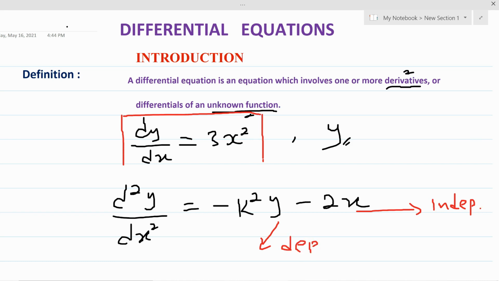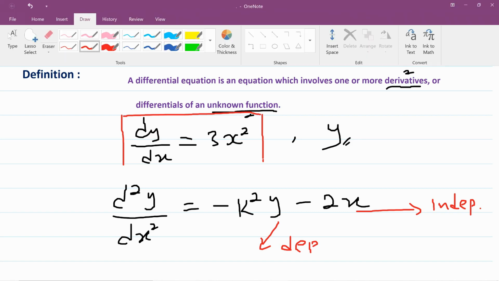Take note of these. So if you have a differential equation like this, your y in the equation is called the dependent variable and your x is called the independent variable. So that is it. All right, let's continue with the introduction.